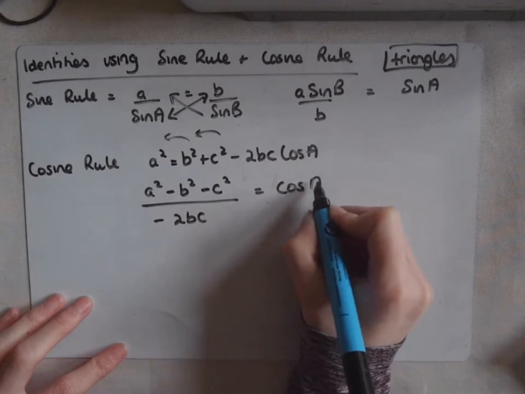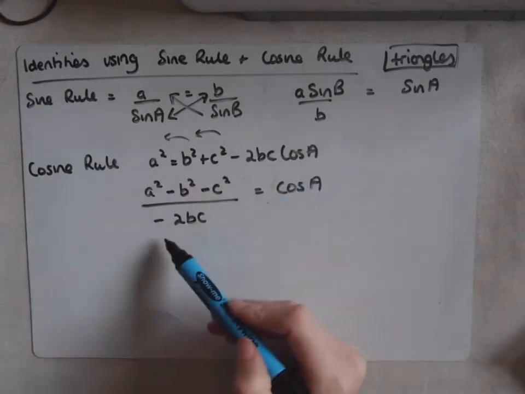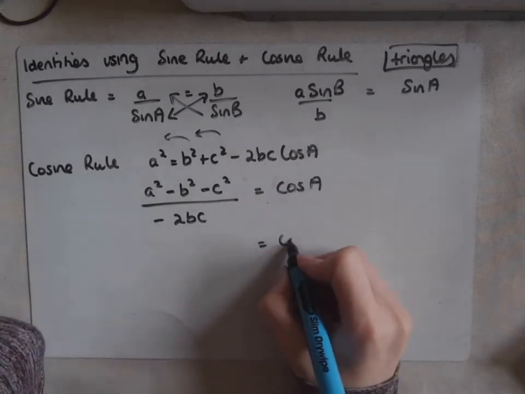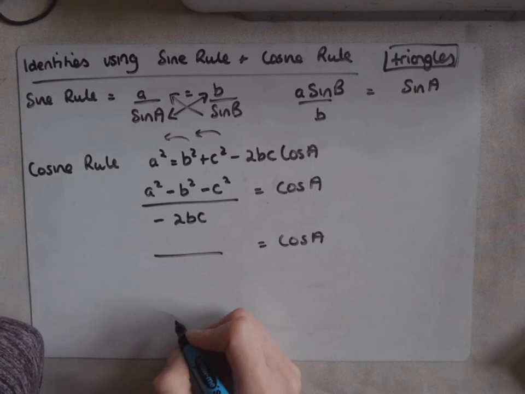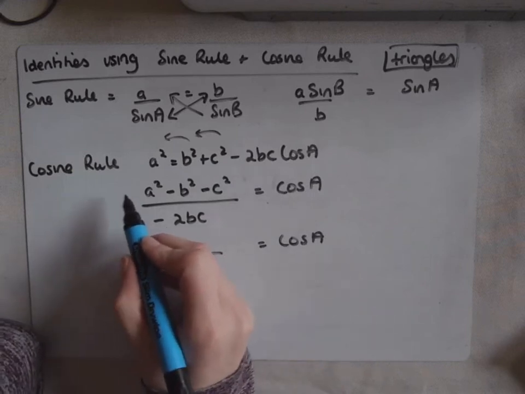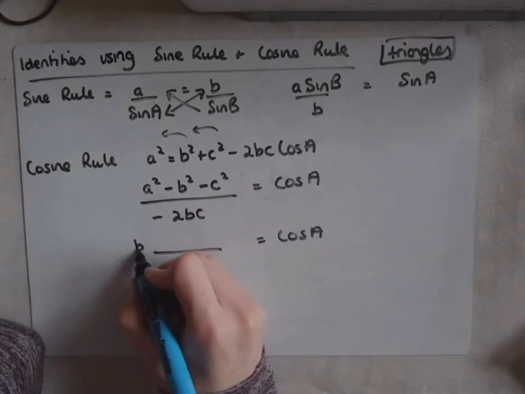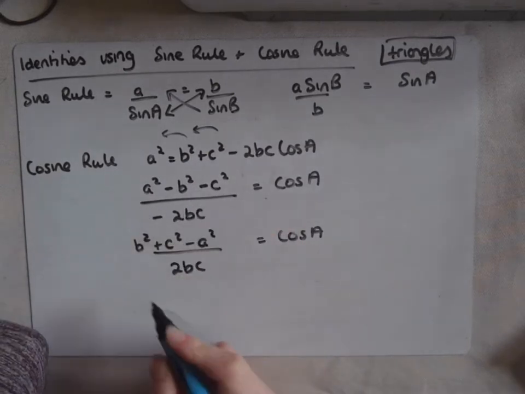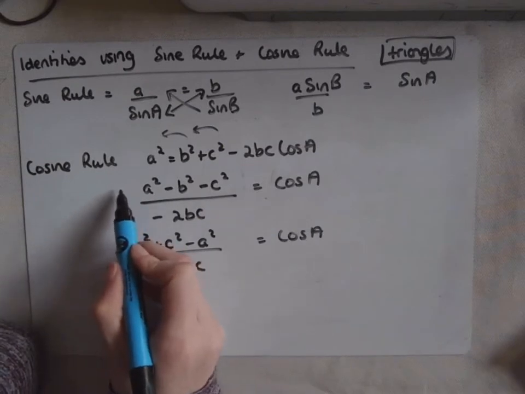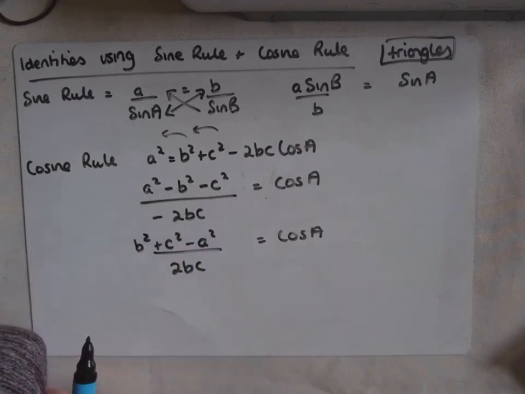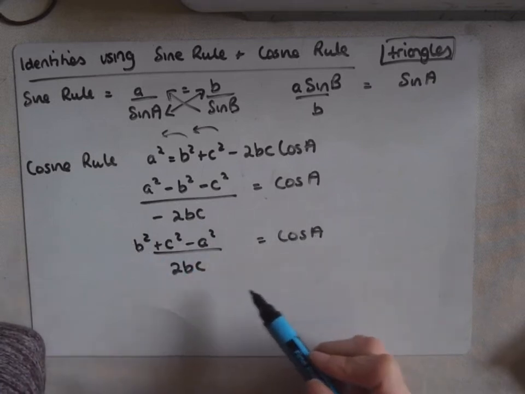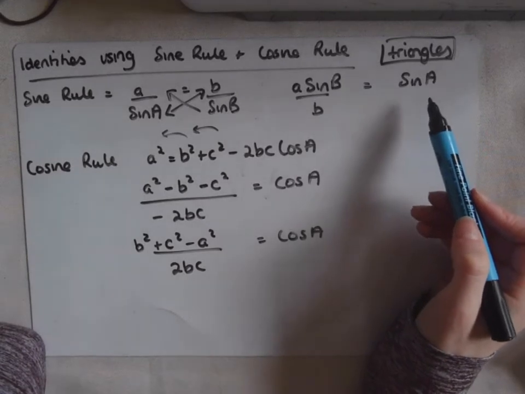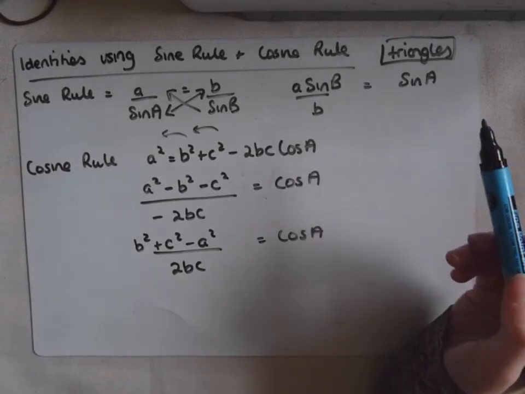That will give me the cos A. Then I don't like having a minus on the bottom, so the minus comes out of the bottom and up to the top. That changes to a plus, that changes to a plus, and that changes to a minus. So you're just bringing that minus out and putting it on top with each one of them. That might be helpful if you're using cos, and this one might be helpful if you're using sine. So just an example of that then.